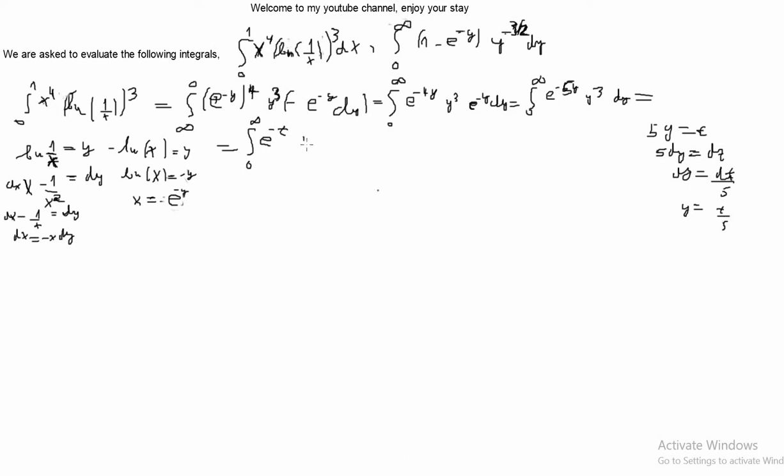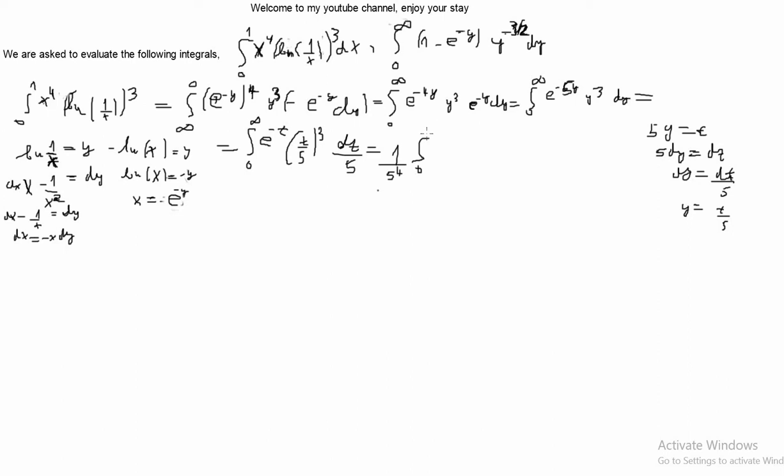Okay, we get t over 5 to the power of 3, and dy is just dt over 5. We get 5 to the power of 3, and this 5 gives 5 to the power of 4.